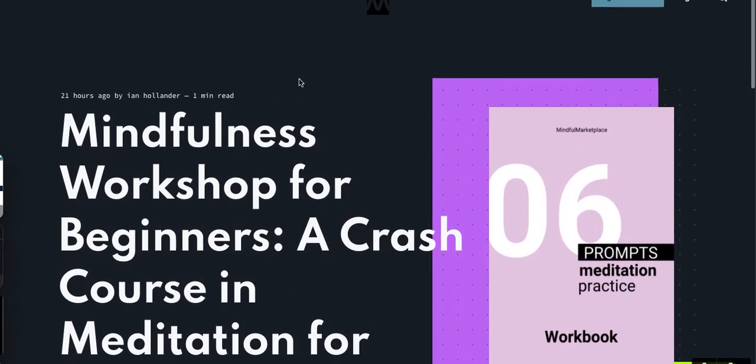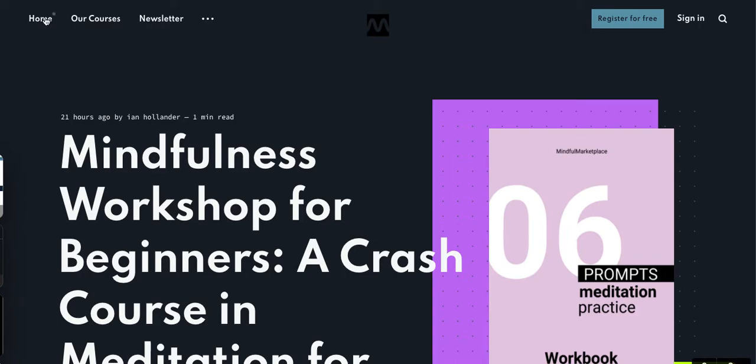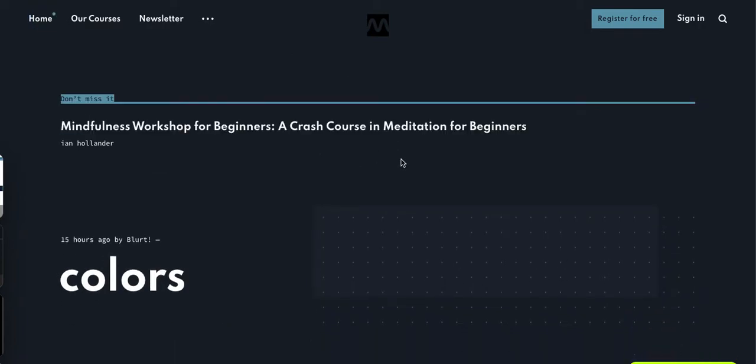But when we go to the home, you'll see it's marked with this "Don't Miss It," which is a theme-specific annotation, let's say, or note that's applied to the featured content.